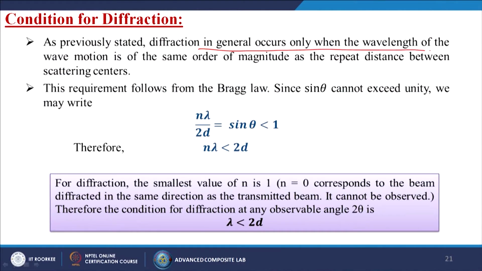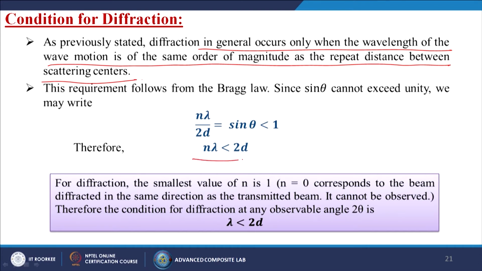Now, what are the conditions for diffraction? First, as we have already discussed, diffraction in general occurs only when the wavelength of the wave motion is of the same order of magnitude as the repeat distance between the scattering centers. Second, this requirement follows from Bragg's law. Since sin theta cannot exceed unity, we may write n lambda by 2d is equal to sin theta, which is less than 1.